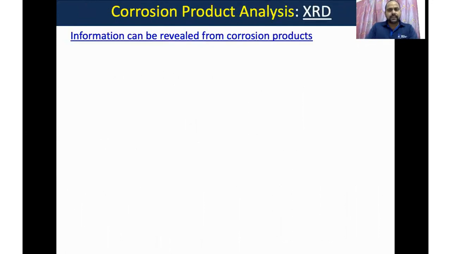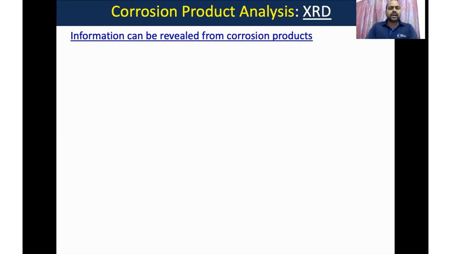We are already familiar with the technique, which is based on the diffraction of X-rays from the lattice of a material. As we know, the wavelength of X-rays is almost of the order of the spacing between the lattice planes. So X-rays can be easily diffracted from the lattice fringes, and it can create a well-known pattern.